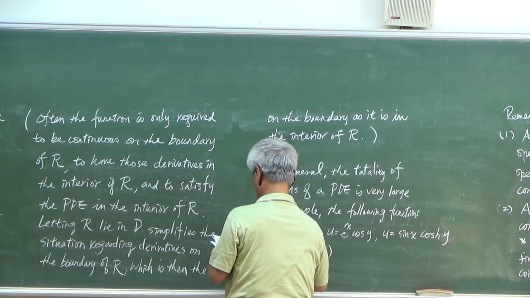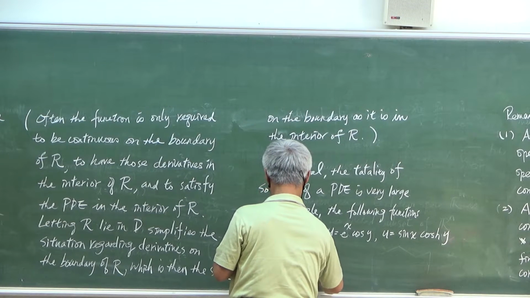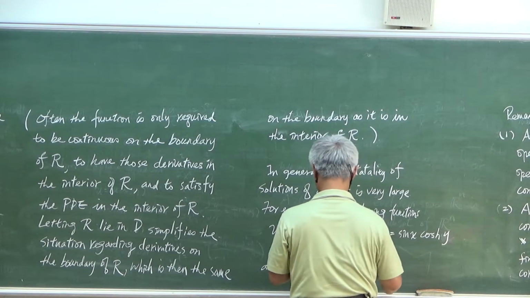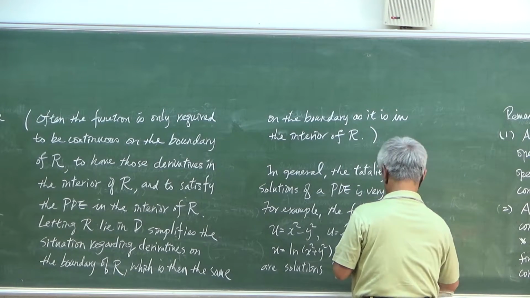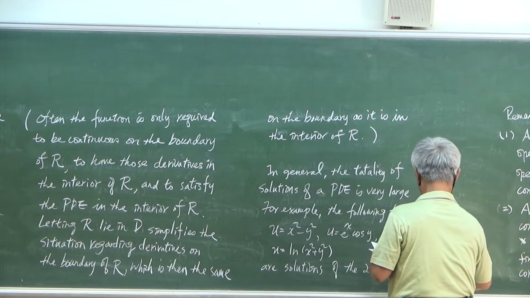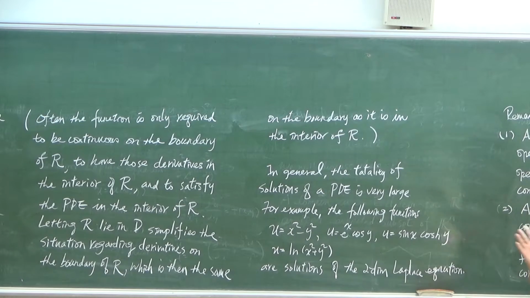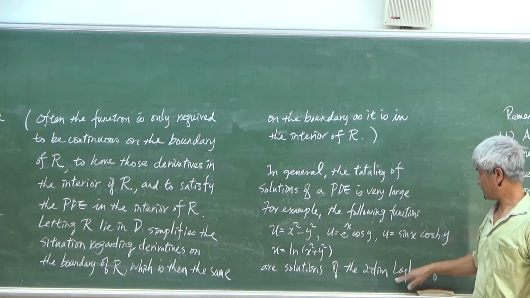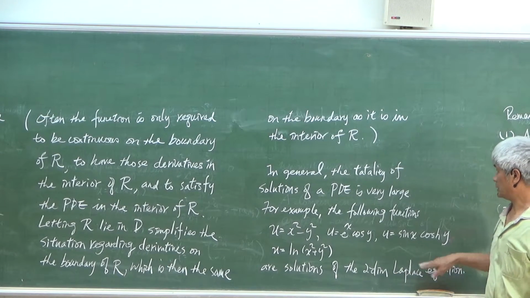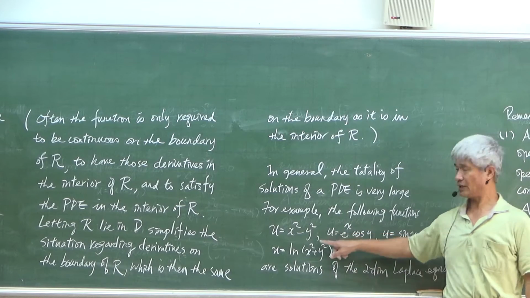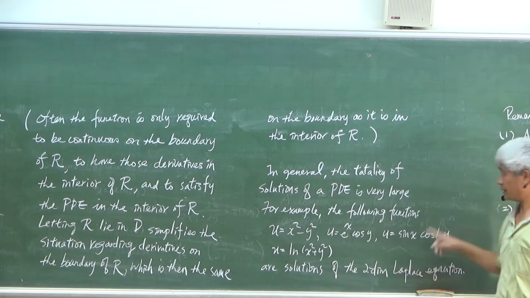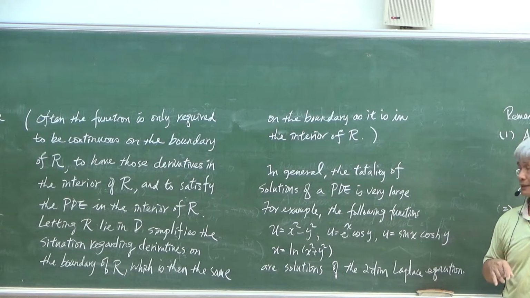These are solutions of the two-dimensional Laplace equation. Okay, so we mentioned the two-dimensional Laplace equation before, right? And you can see that the solutions of the two-dimensional equation can be these functions, and these functions have very different natures. Okay, you can see that they are quite different by nature, right?